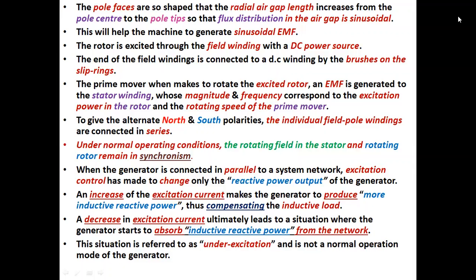An increase of the excitation current makes the generator produce more inductive reactive power, thus compensating the inductive load. A decrease in excitation current ultimately leads to a situation where the generator starts to absorb inductive reactive power from the network. This situation is referred to as under excitation and is not a normal operation mode of the generator.